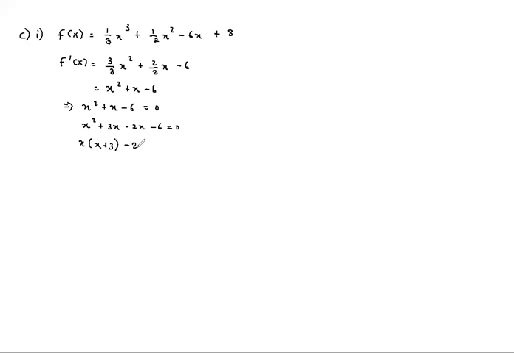We pull out negative 2, we have x plus 3. So we have x minus 2 and x plus 3 is 0. What does this imply? It implies that we have x equals 2 and x equals negative 3. Now these are critical points.